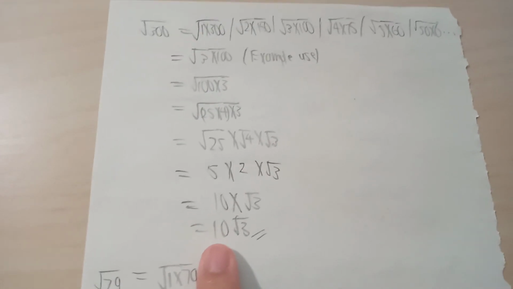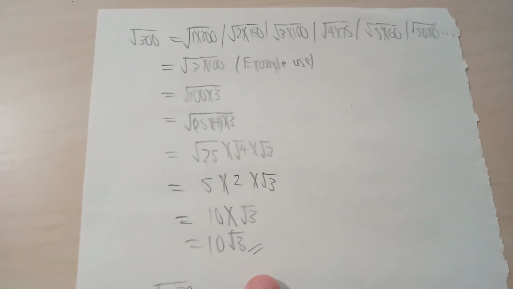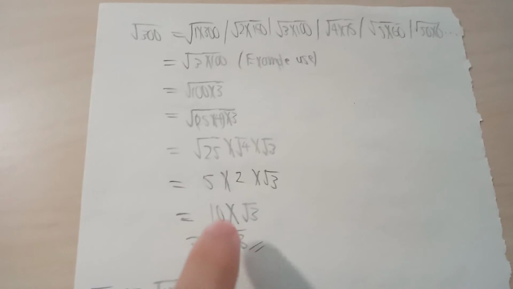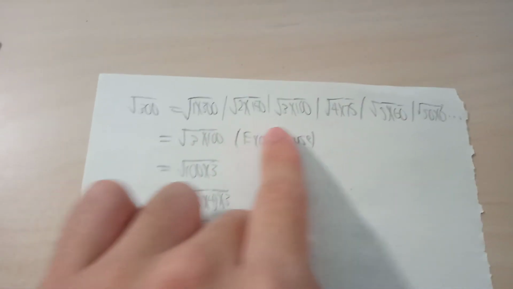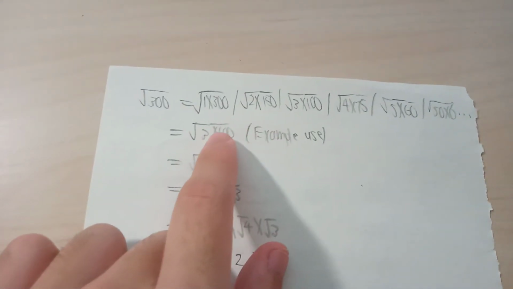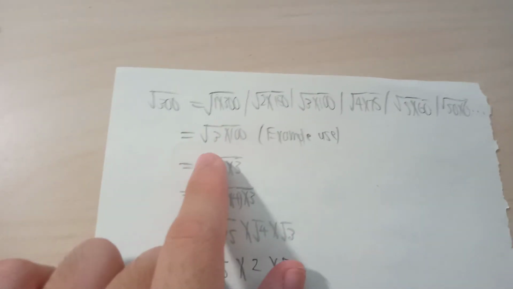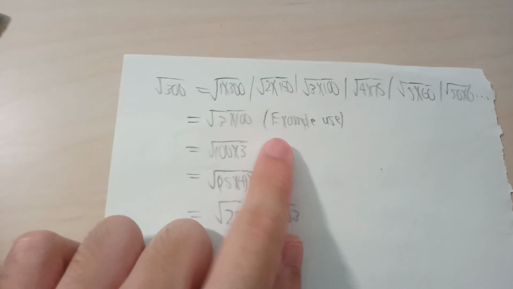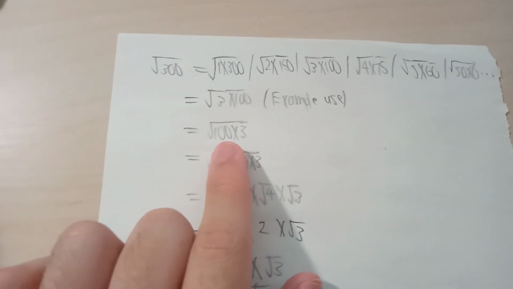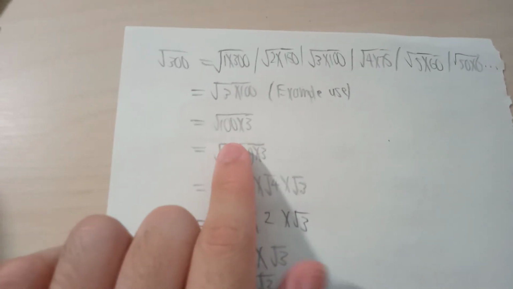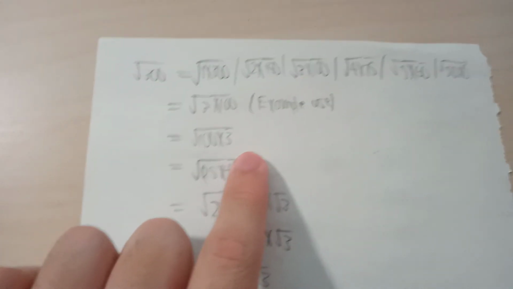I would suggest that you use other answers, but this answer is actually the most suitable. Again, factor out, do the factors, but we're going to use 100 times 3. Because you have to split them up, root 100 times root 3, right?